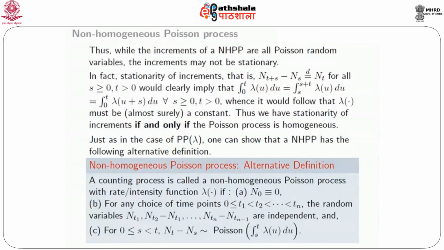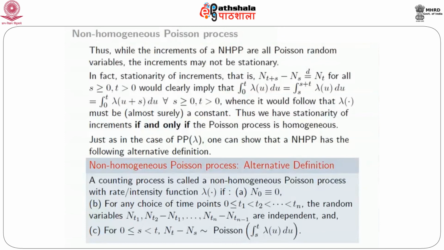This is exactly the same condition that appears in the first definition of the homogeneous Poisson process. The last condition is that for s less than t, the increment N(t) minus N(s) is Poisson, but the parameter is the integral from s to t of lambda u du.